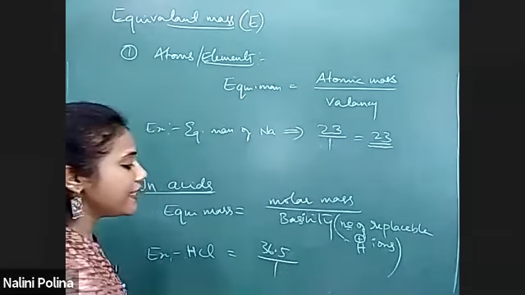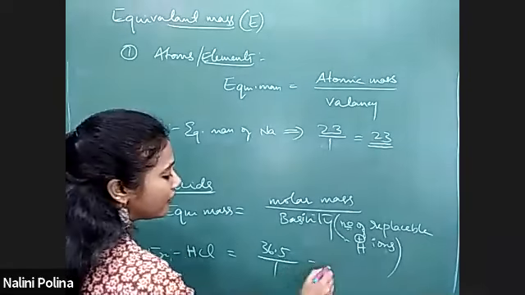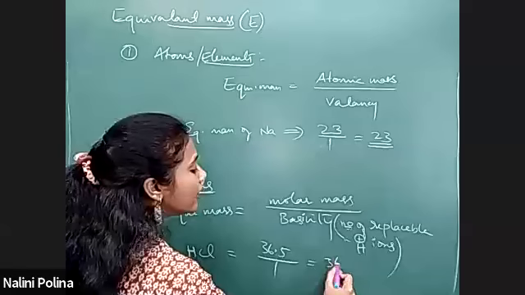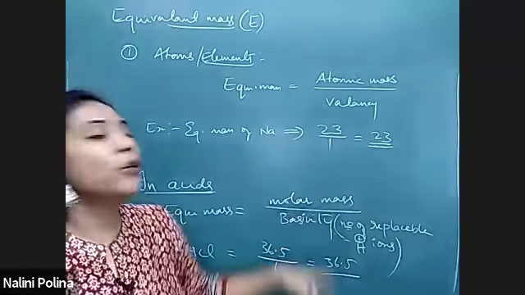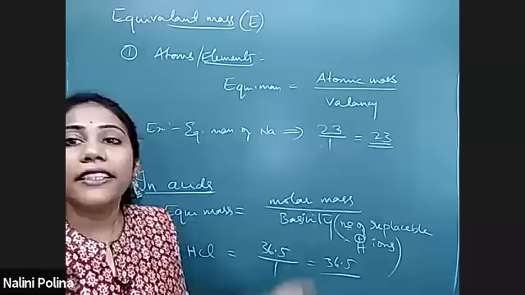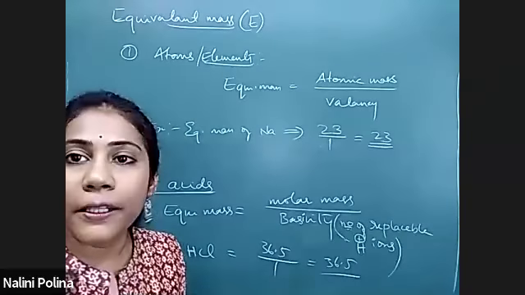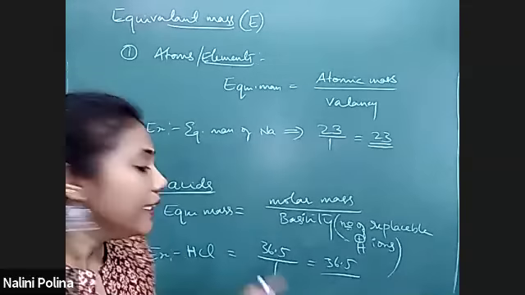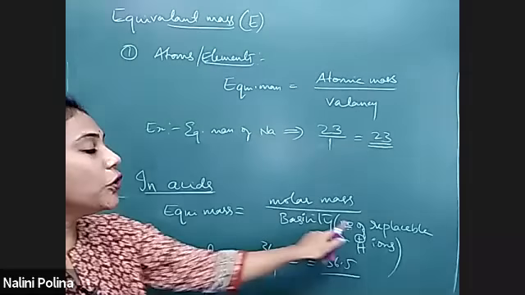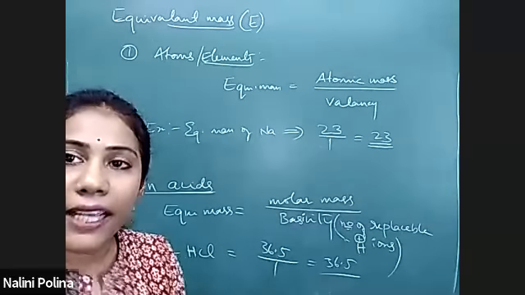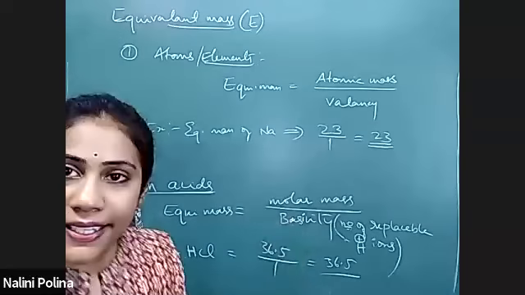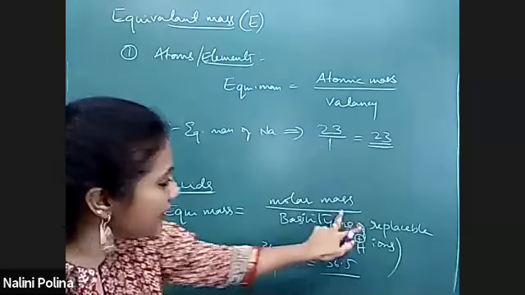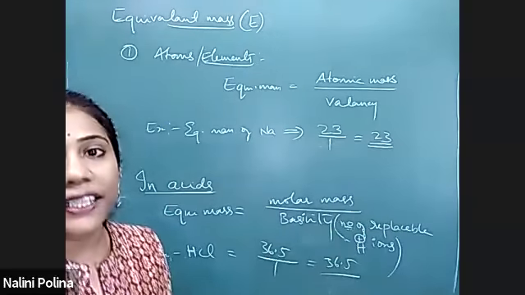So 36.5 divided by 1, which is equal to 36.5 only. So equivalent mass is equal to molar mass here, because in HCl you have only one replaceable H plus ion. So in acids you have to use this formula to find the equivalent mass.